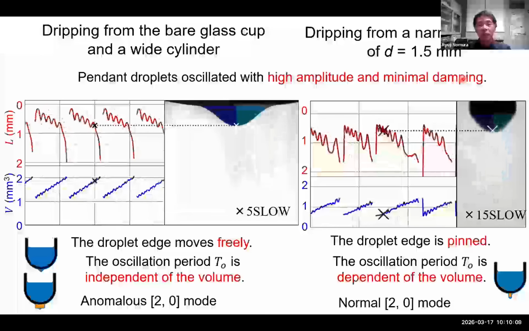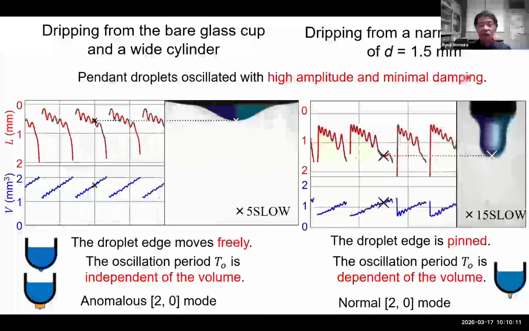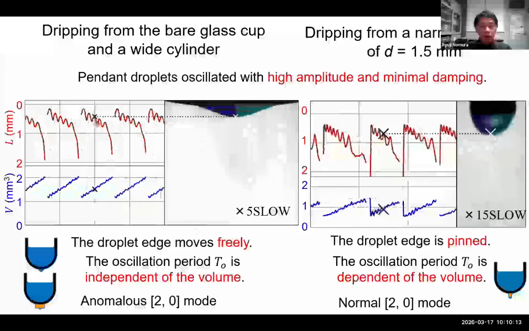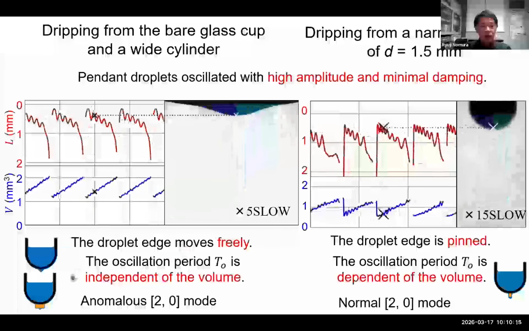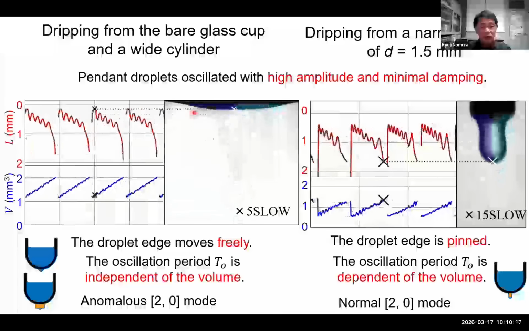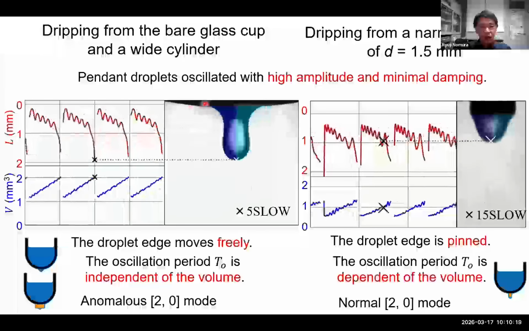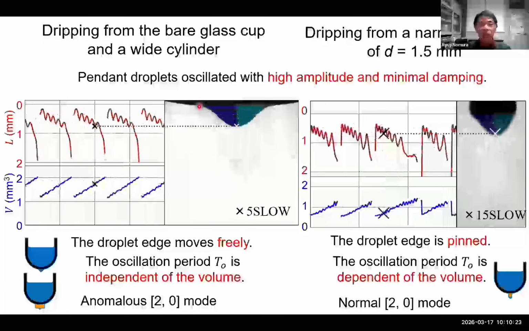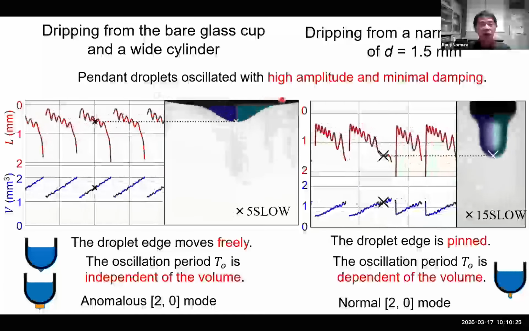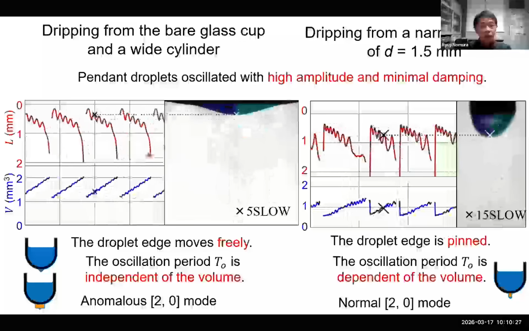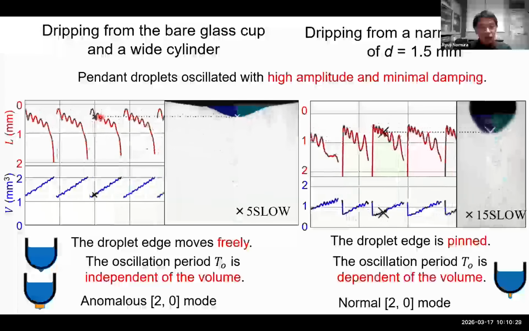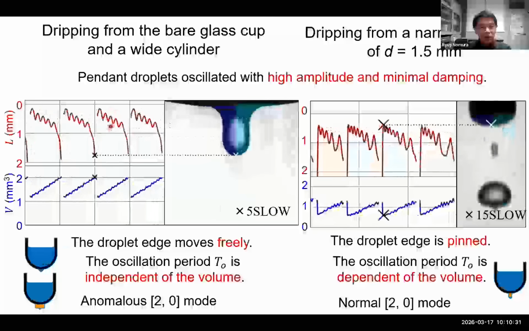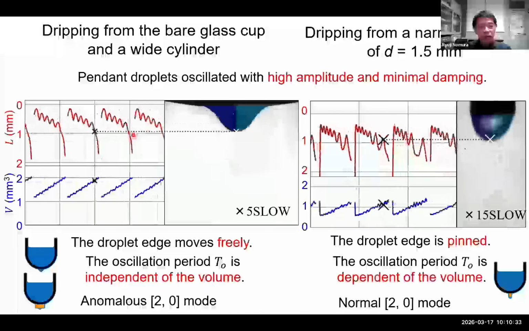Damping is very small, and this is due to the superfluidity. For the bare cup and wide cylinder, as I said, the droplet edge also oscillates. This oscillation is a quadrupole oscillation in the presence of the wall, and it's oscillating this way. You see that the oscillation period is nearly time independent.